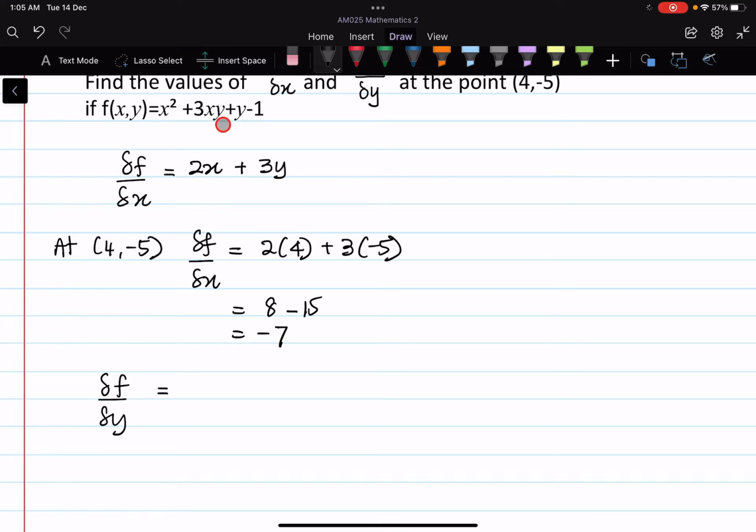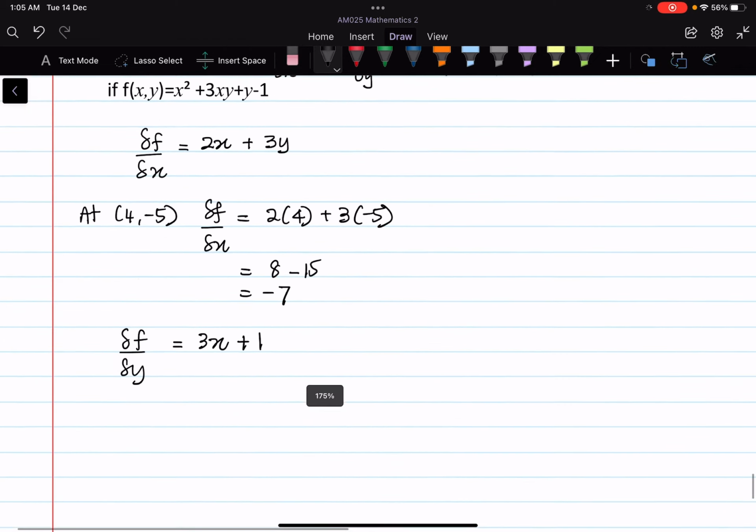Differentiate 3xy with respect to y is 3x, because differentiating y with respect to y is 1, and 1 times 3x is 3x. Differentiate y with respect to y is 1. Differentiate -1 with respect to y is 0 because -1 is a constant.